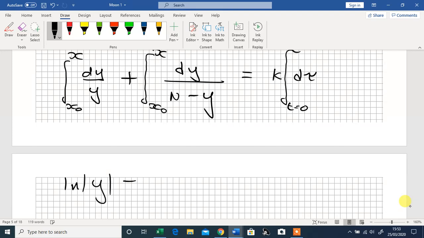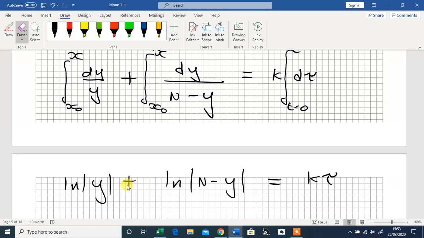So we've got log of y plus the log of n minus y equal to k tau. Now, I haven't finished with that line. I'm just going to erase that and put it a little bit closer to here.